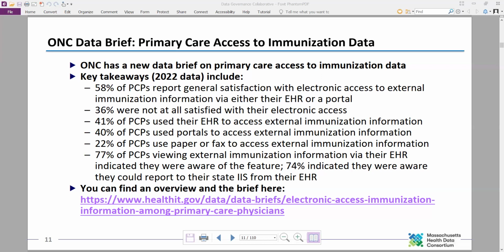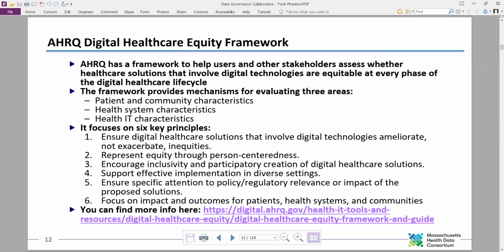All right, then let's move on. AHRQ has what they call the digital healthcare equity framework. It's designed to help people assess whether their healthcare solutions that use digital technologies are equitable, and it's supposed to help you at every phase of the digital healthcare life cycle.